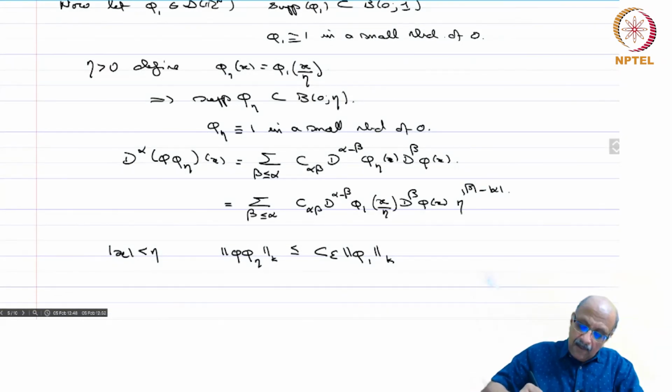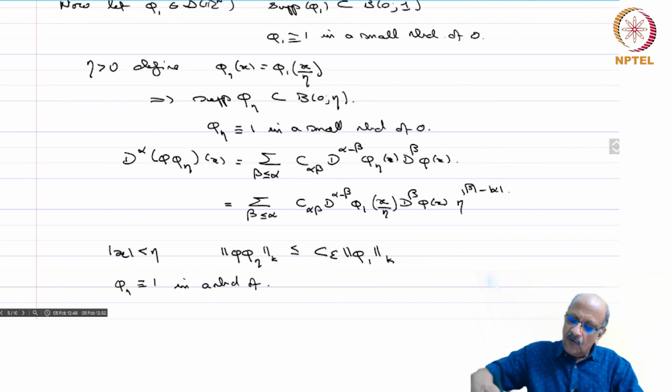Okay, but phi eta is 1 in a neighborhood of the origin, and the support of T is nothing but the singleton origin.